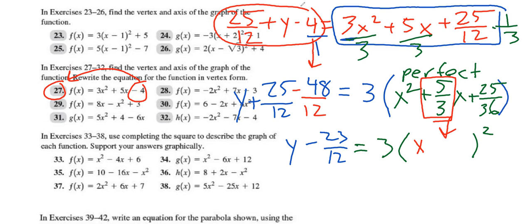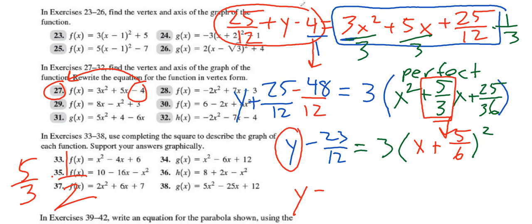So, what is half of 5/3? For those of you who don't know, I'll write it over here. What is half of 5/3? 5/6, thank you very much. Remember, division is the same as multiplying by the reciprocal. So now I need to get y by itself. Y equals 3 times the quantity x plus 5/6 squared. Well, that's terrible.